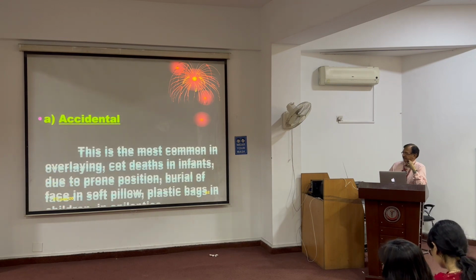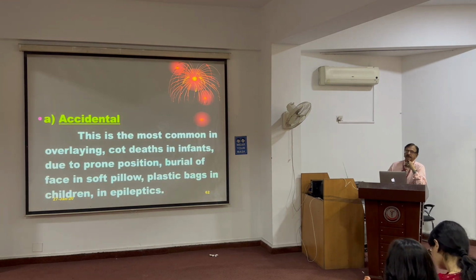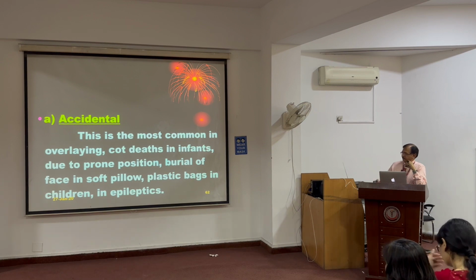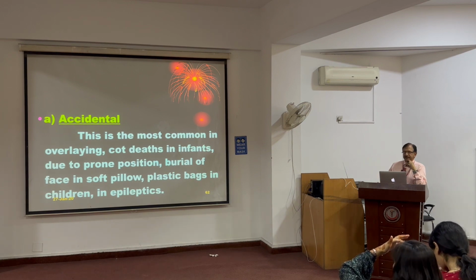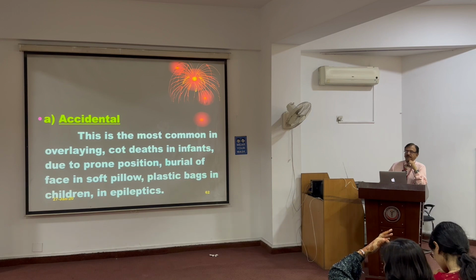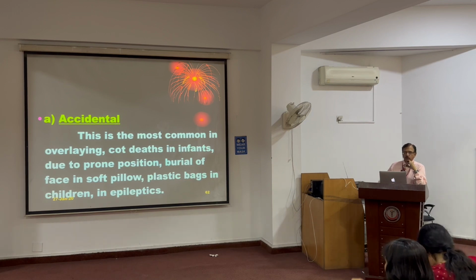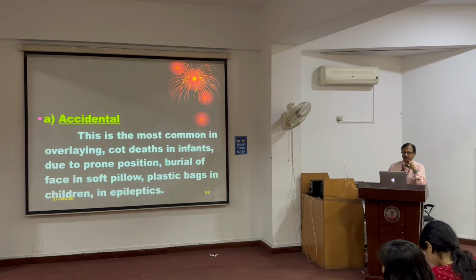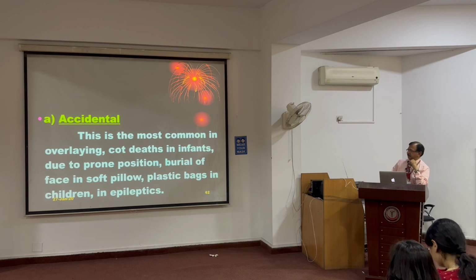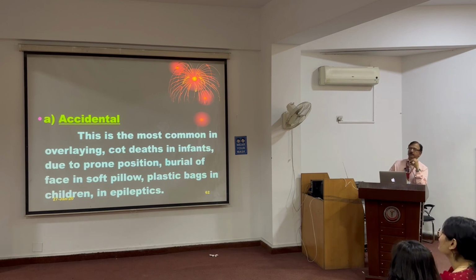Usually it is accidental. Most common is accidental overlaying. Or sometimes the epileptics or the alcoholics bury their own face during the fit or during drunkenness into the pillow, and they get suffocated.